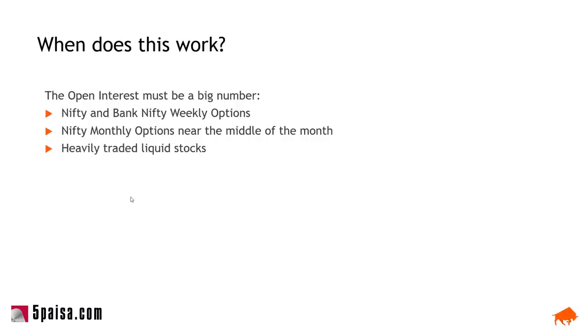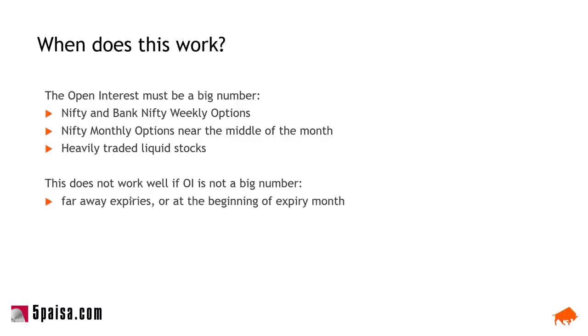It is true for heavily traded liquid stocks, and it does not work well when OI is not a big number. For example, far away expiries: this is October, so if you look at Nifty December or Nifty January, they might not have significant OI.